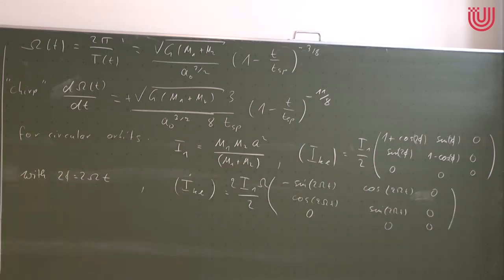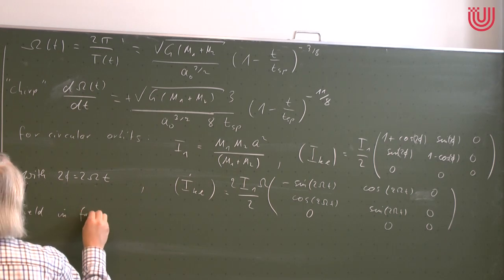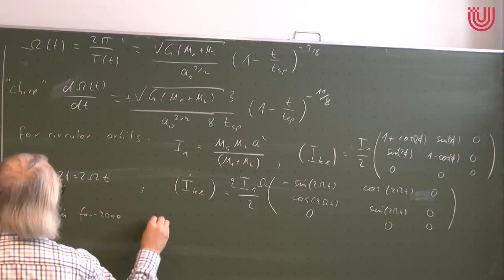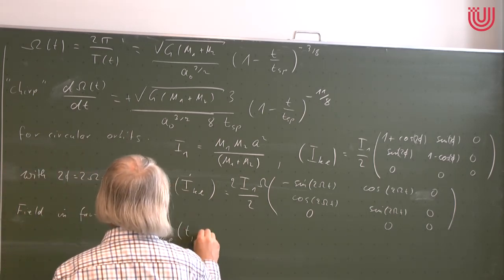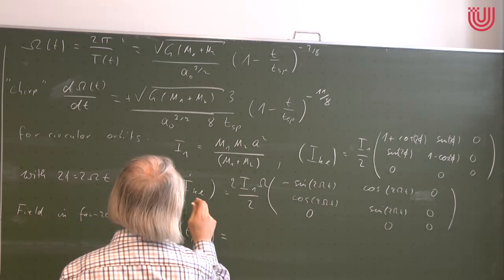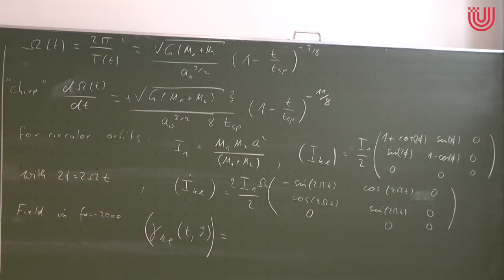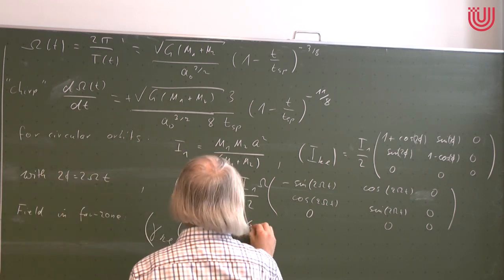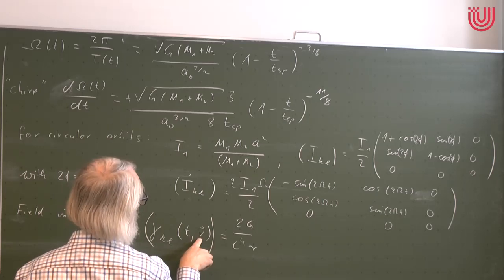And the second derivative gives us the field in the far zone. And this can be explicitly written down. So h_KL, we want to know it at time t and at position vector r. This was the second derivative, so we have to differentiate this another time. And the prefactor was what? 2G over c^4 R. R is the modulus of this vector r, where the observer is sitting.